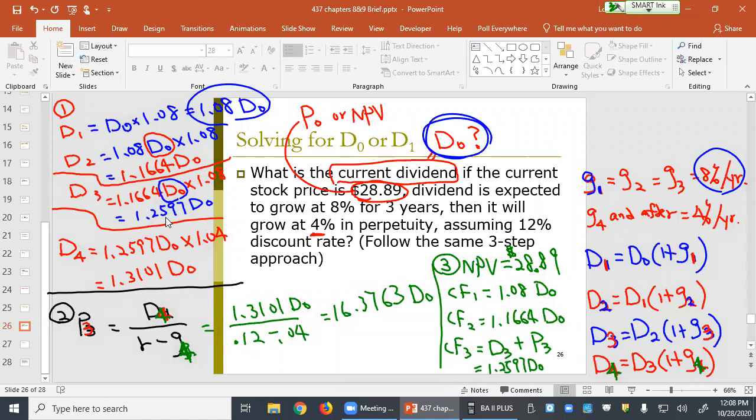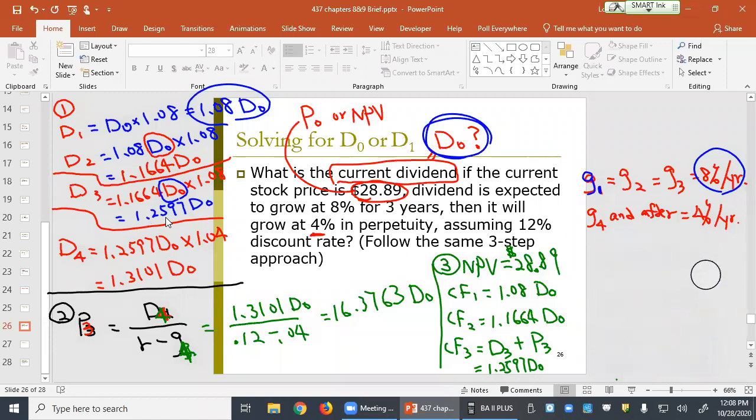And what is our P3? My P3 is what I calculated in step 2, which is this number here, plus 16.3763 D0. So D0 is in every single term, but we're going to assume that the D0 is not there.